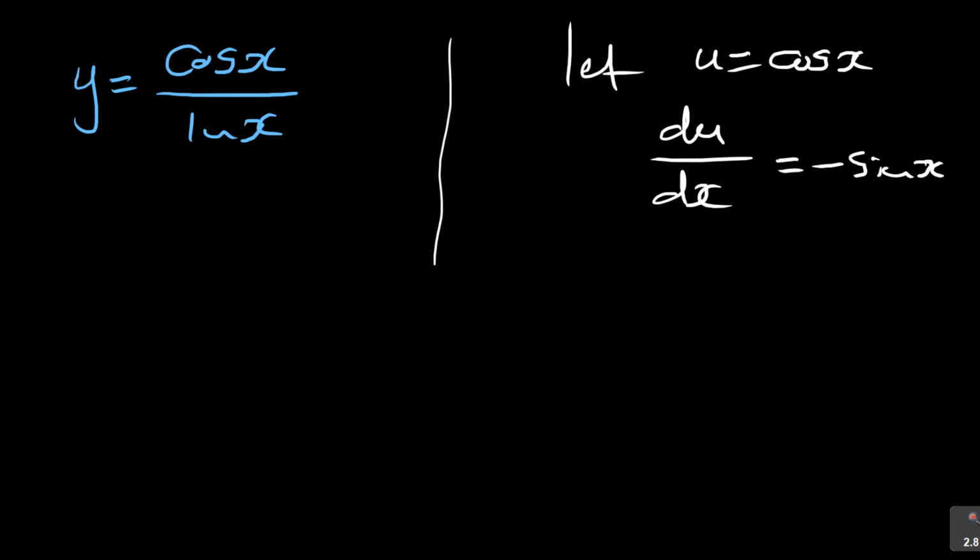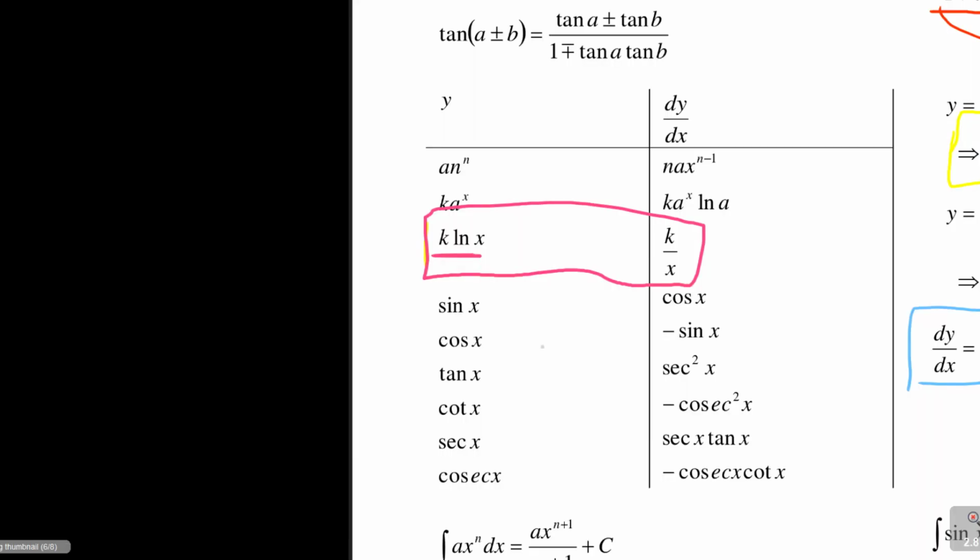And then you continue and say let v be equal to ln x, so dv over dx is equal to, remember when you're differentiating ln, it is 1 over x.